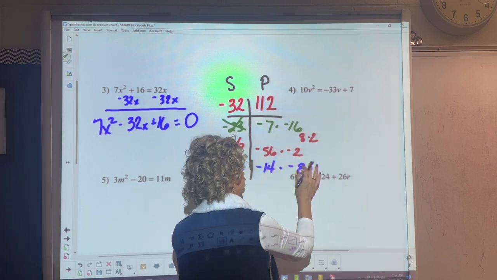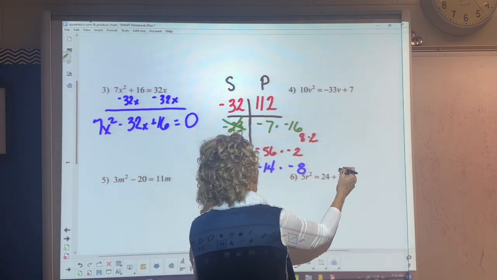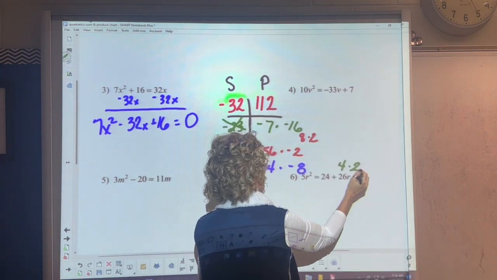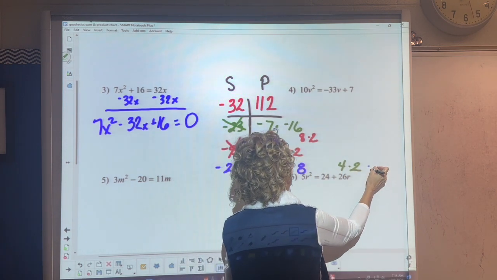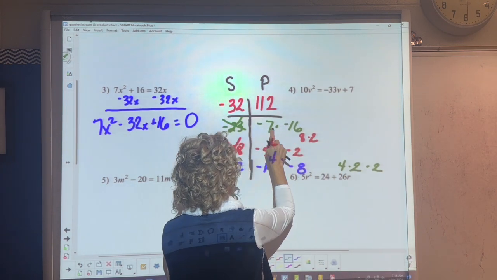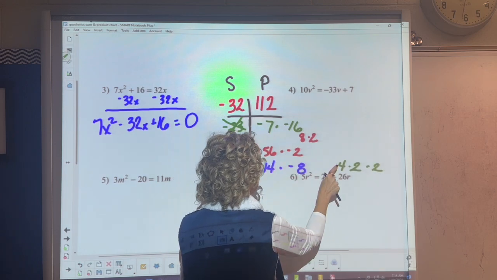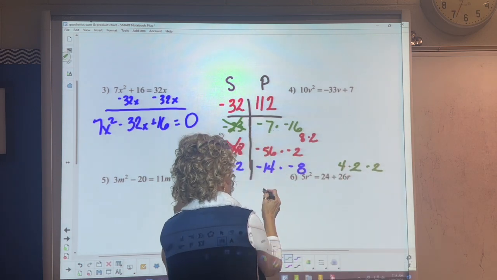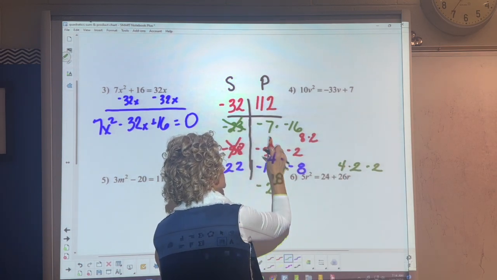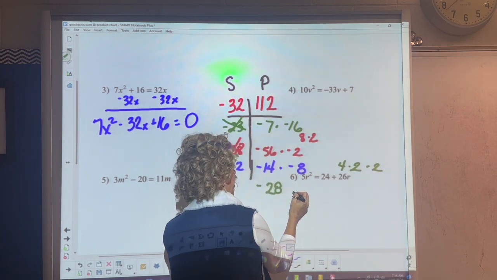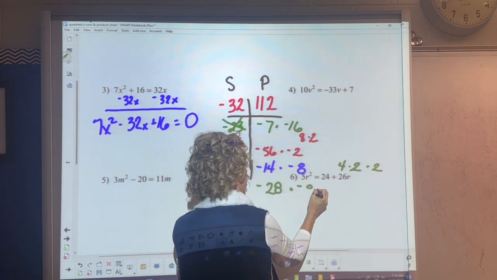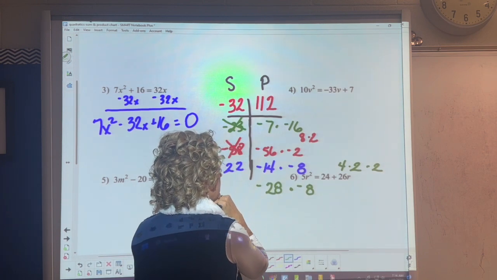But I'm still going. 8 is 4 times 2. So I've got 4 times 2 times 2. So I've got a negative 7 times 4 could be a negative 28 right there. And then I have 4, not a negative 8.